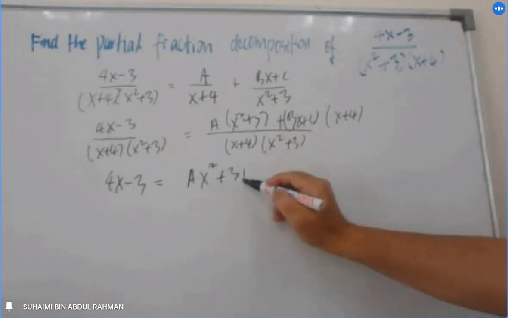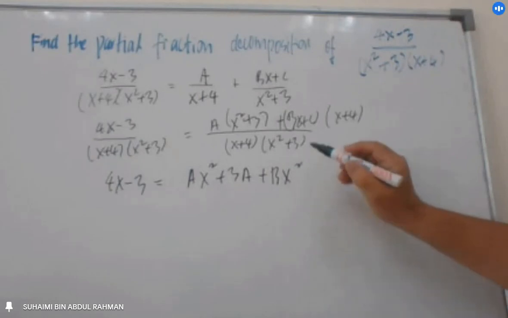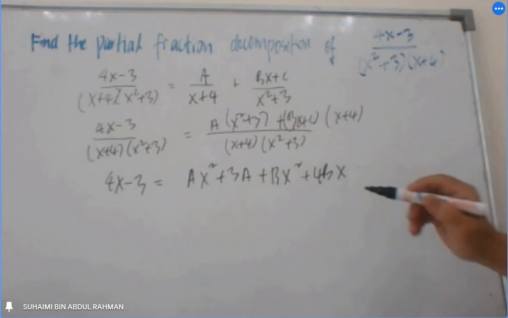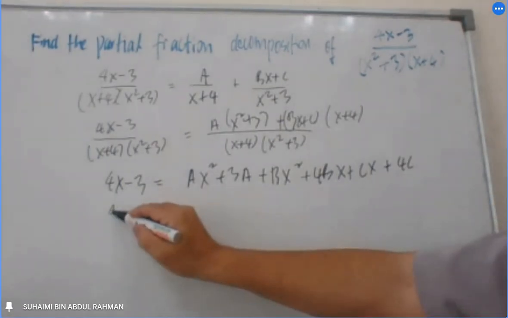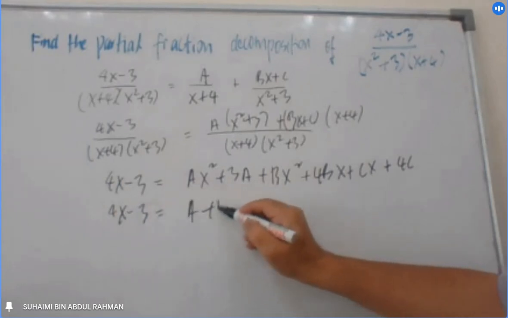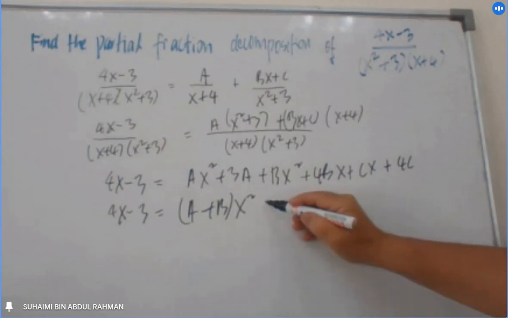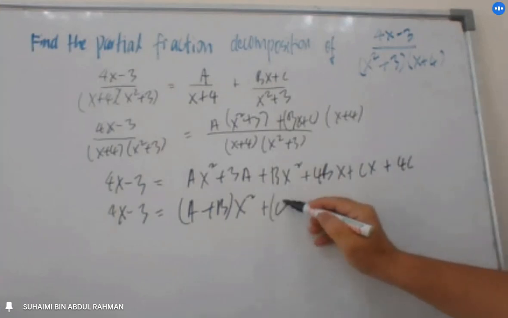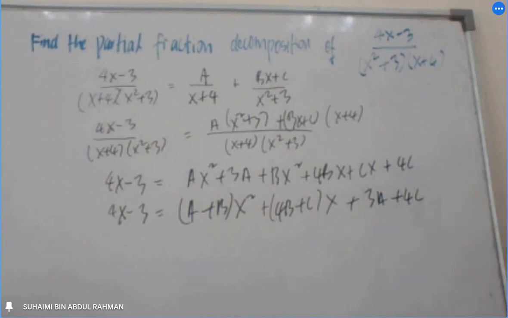Group A and B as coefficients of x², then coefficients of x, which is 4B + C, and the constant 3A + 4C.